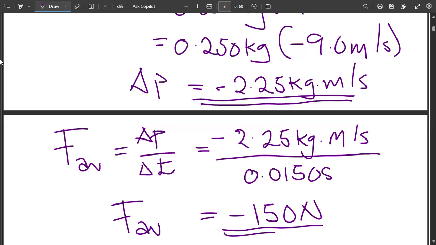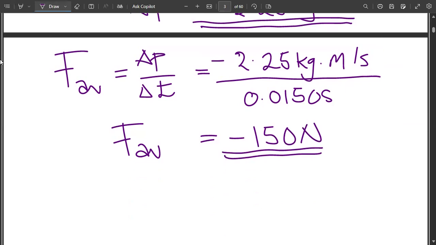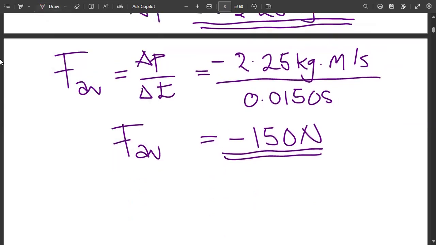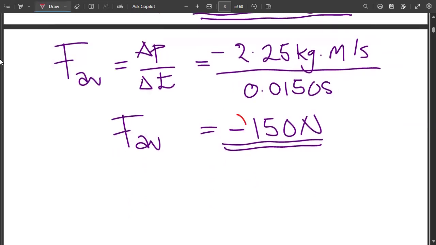This is a force, and we know the SI unit for force is newtons, but I should take note that we found negative here as the direction of the force. So what does this negative imply? It means the direction of this force was opposite to the initial positive direction of the ball, which means it was in the same direction as the second velocity that we had.